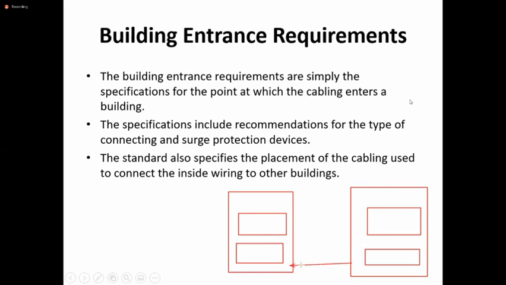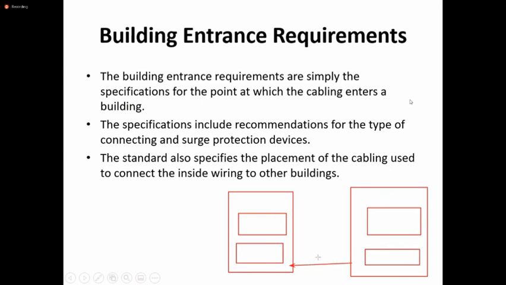Because especially when you are having this outdoor cabling, there might be issues with lightning, right? So usually internally you don't have that much of an issue, because the wiring is internal and the lightning affecting the internal wiring is much less. But with outdoor wiring, lightning might affect it.